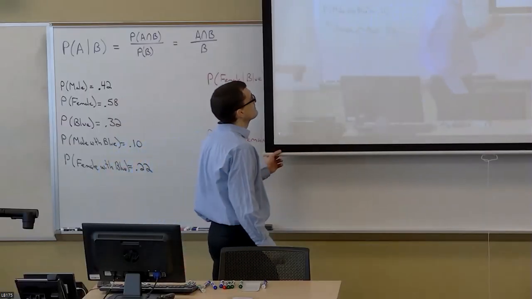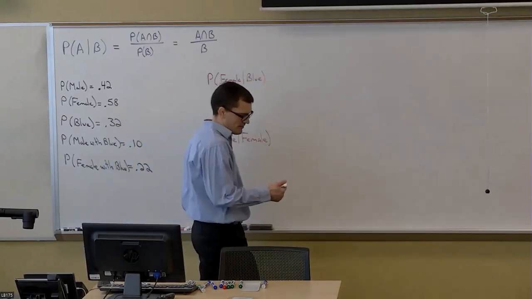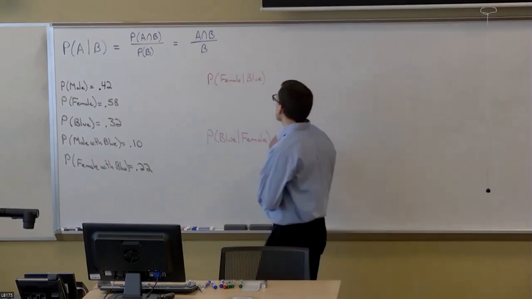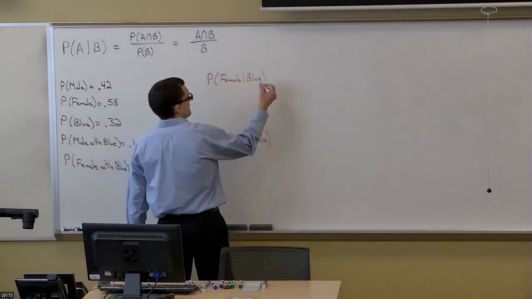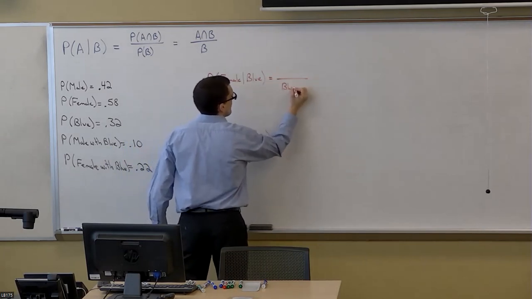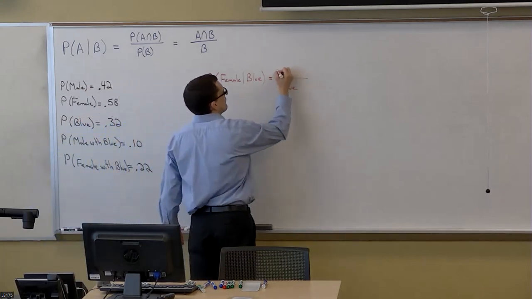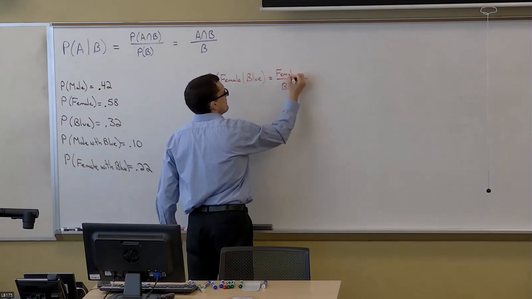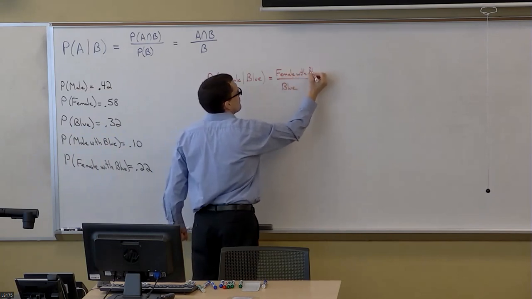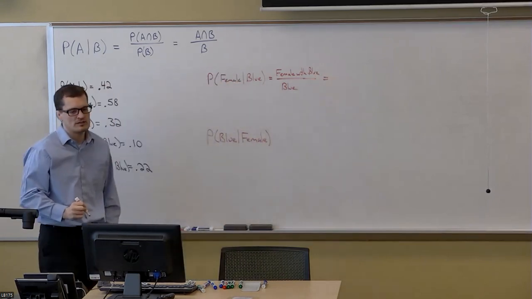All right. Let me go through this problem. So, probability of being female given that you have blue eyes. The denominator is now the blue-eyed group. The numerator is the females with blue eyes. If I had raw numbers, I'd use raw numbers.